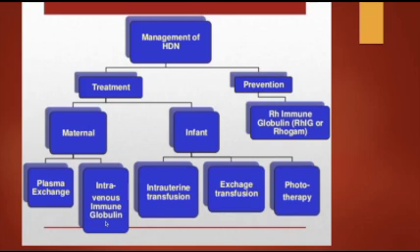Intravenous immunoglobulin was found to decrease hemolysis, leading to a reduction in serum bilirubin level. The immunoglobulin could act by occupying the Fc receptors of reticuloendothelial cells, preventing them from taking up and destroying antibody-coated red blood cells. This subsequently leads to a decrease in the need for exchange transfusion.